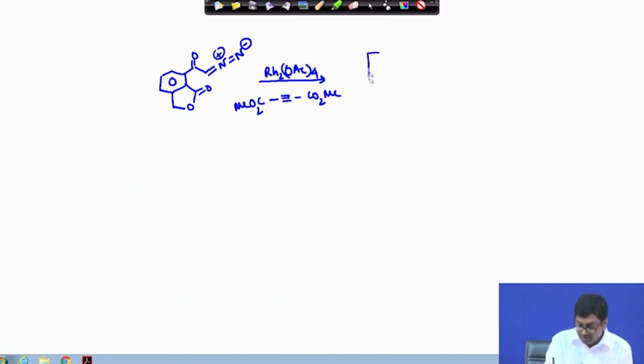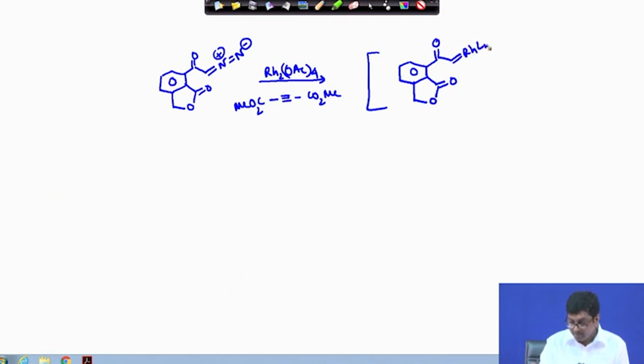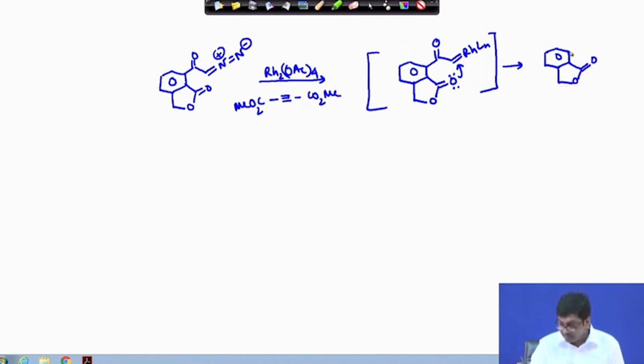first what it will generate? Okay. So, now this oxygen is nucleophilic enough to react over here, to provide the corresponding ylide. Okay.